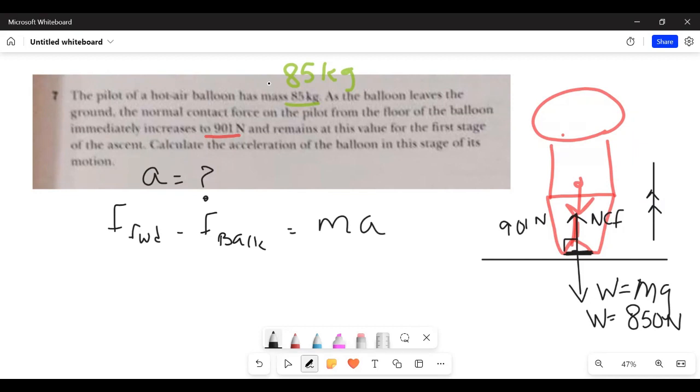Aisha, can you hear me? Yes. What's going to be the upward force? Plus 901 newtons. I meant forward force, not the upward force.